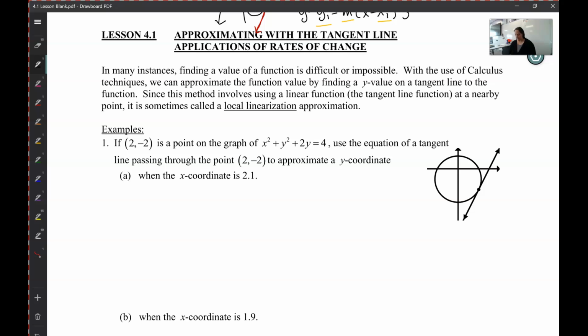So, for example, if I know that this point is on this equation, but what I want to know is this point, 2.1 comma what? I really want to know what this point is on this equation. Well, if I plug 2.1 into this, I can solve it, but it gets really gross really fast.